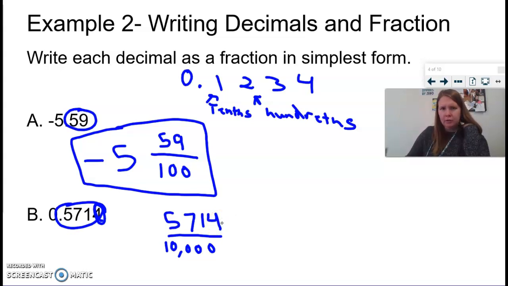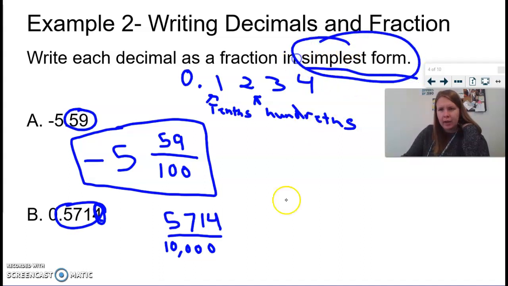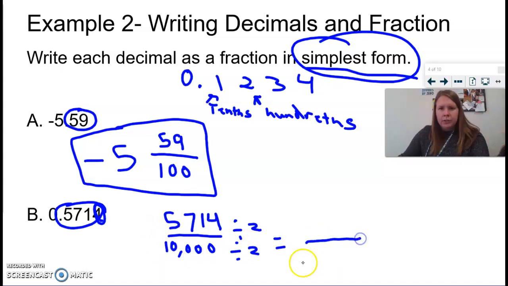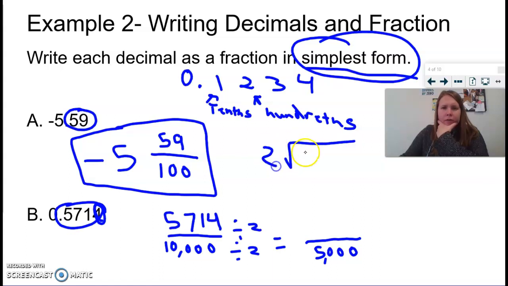So let's go ahead and do that to make it in the simplest form, because our directions also say I want it in the simplest form. So let's divide out a 2 on both the top and the bottom. Well, the easiest thing to do is that 10,000 divided by 2 ends up giving me 5,000. All right, and then we'll divide out my 2 here. We can do the long way.